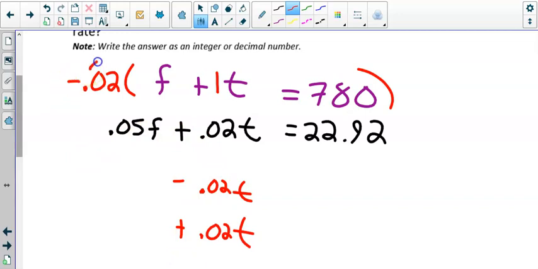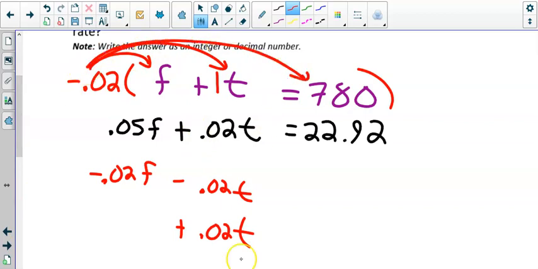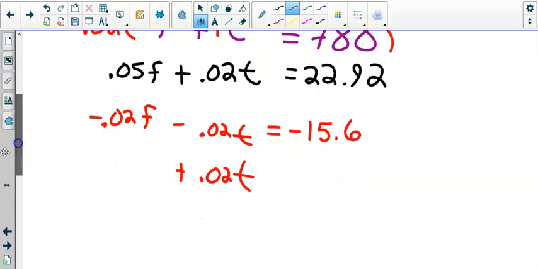So all we got to do now is multiply. What is negative 0.02 times f? Negative 0.02f. We already know what's going to happen when we multiply the t. We made it that way. What is negative 0.02 times 780? Negative 15.6. My second equation, there's no messing with it.